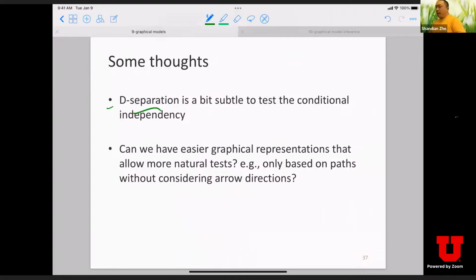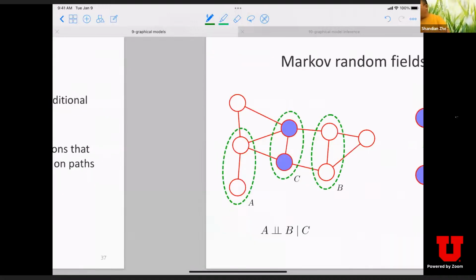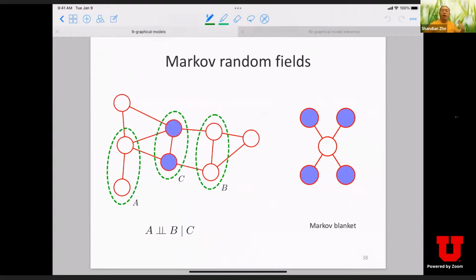So a natural question is, can we construct an even easier graphical model where we do not need to pay attention to the directions? Then it leads us to a second type of graphical model. It's called the undirected graphical model, or in other words, Markov random fields.